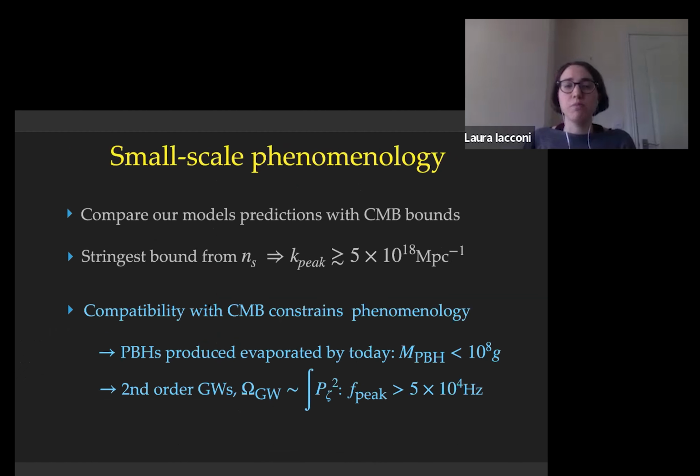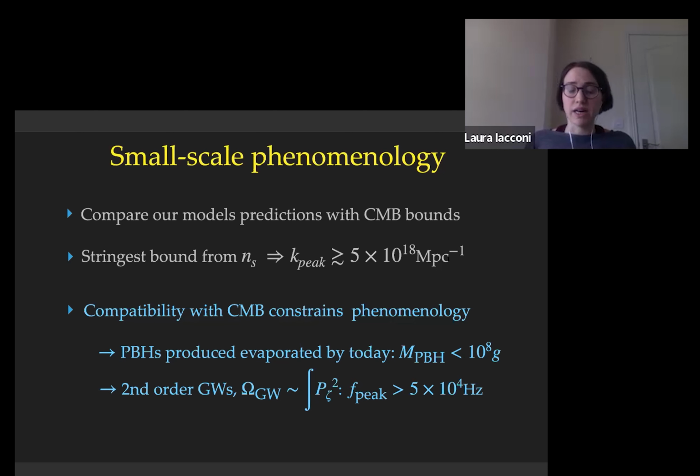So we have compared our models' predictions with the cosmic microwave background bounds, and we have found that the strongest bound comes from the tilt. In particular, for models that are compatible with CMB measurements, the peak in the scalar power spectrum has to be at scales larger than 10^18 inverse megaparsecs. And this has very important and strong consequences for the small-scale phenomenology of these models.